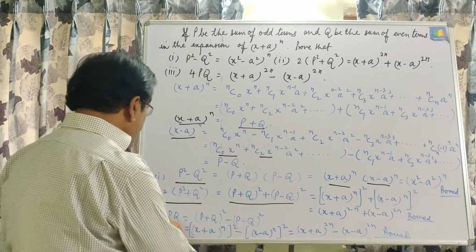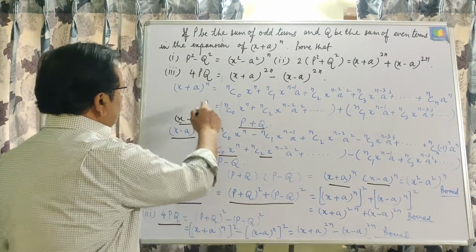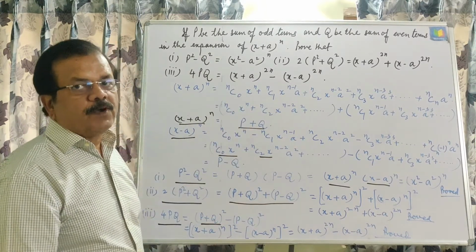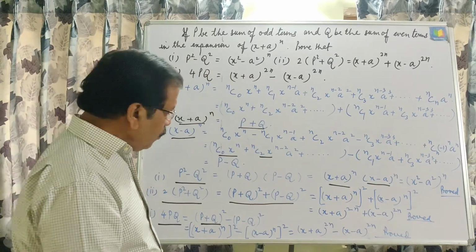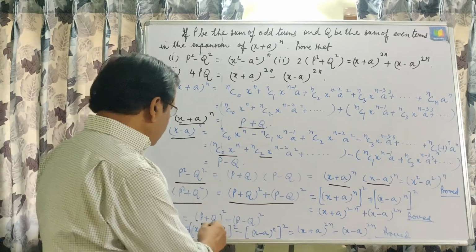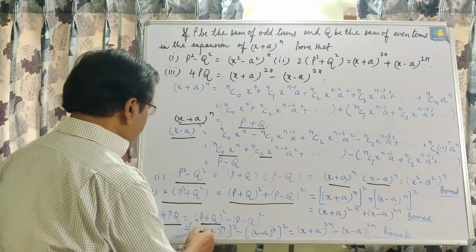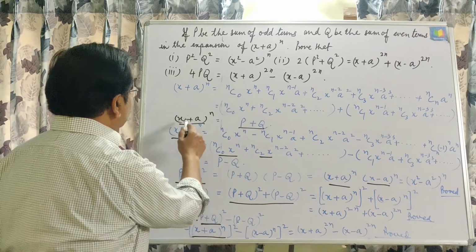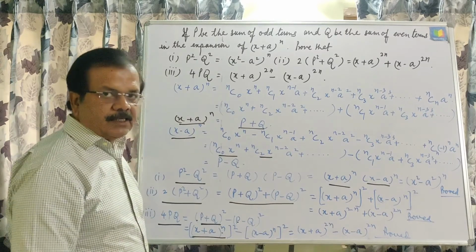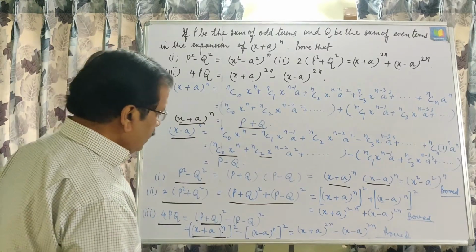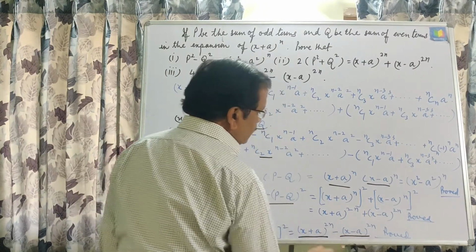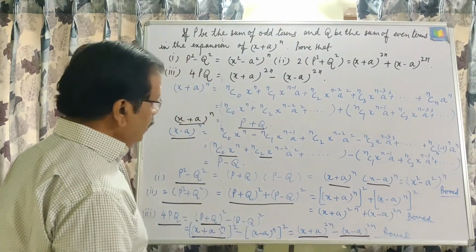And the last one, 4pq, we have to prove this, and we know that p plus q whole square minus p minus q whole square, p square and q square will cancel, and ultimately we will get 4pq. That is why, writing in this way, x plus a to the power n whole square minus x minus a to the power n whole square is equal to x plus a to the power 2n minus x minus a to the power 2n.